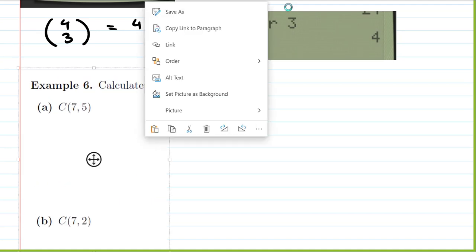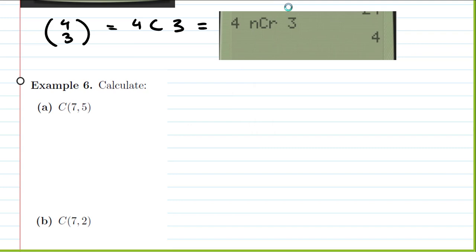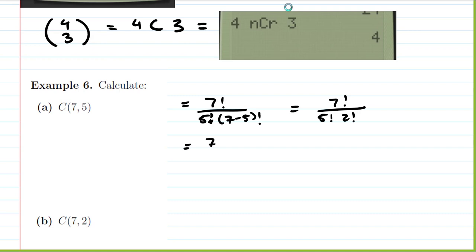So C(7,5) would be 7 factorial over 5 factorial times (7 minus 5) factorial. So that's 7 factorial over 5 factorial times 2 factorial, which would be 7 times 6 times 5 factorial over 5 factorial times 2 times 1.